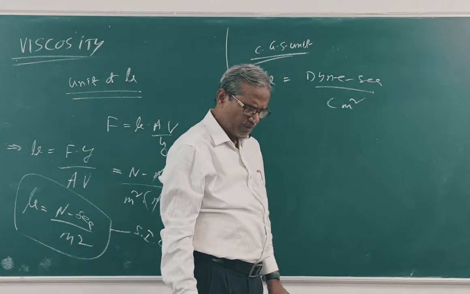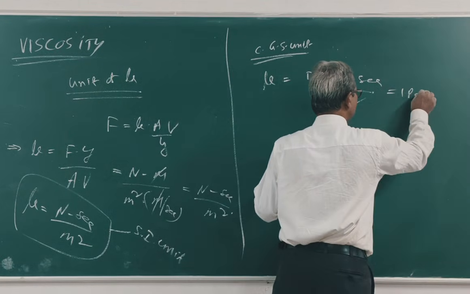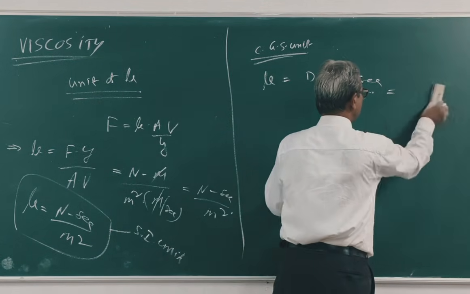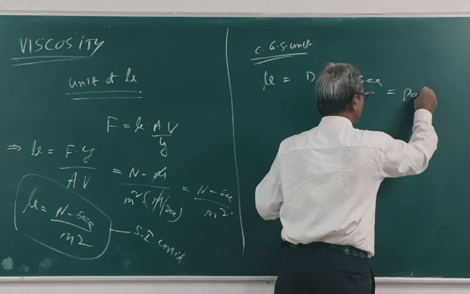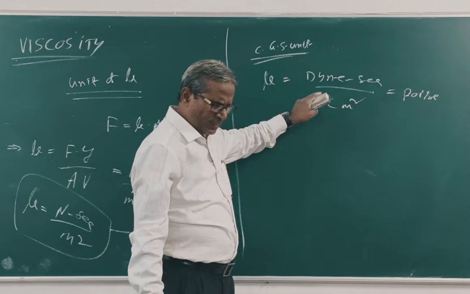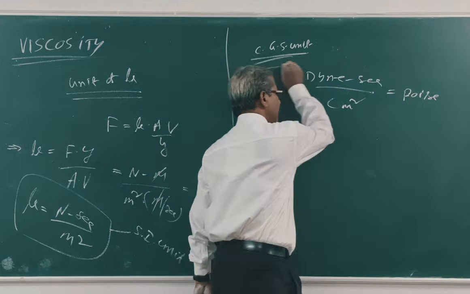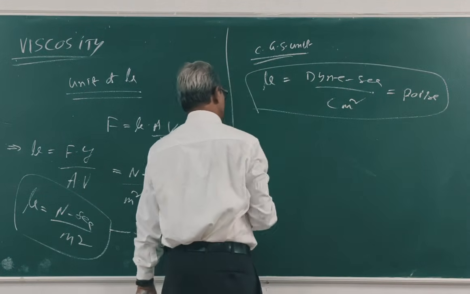Clear? That means 1 poise. So 1 dyne second per cm square means 1 poise. Clear?